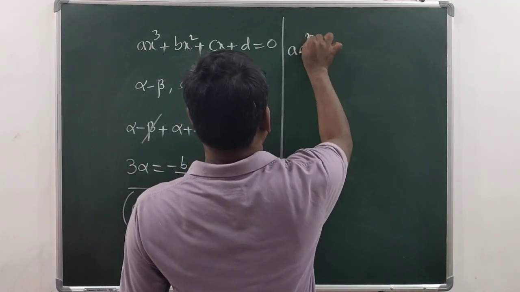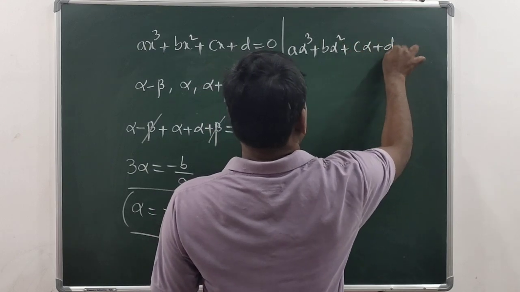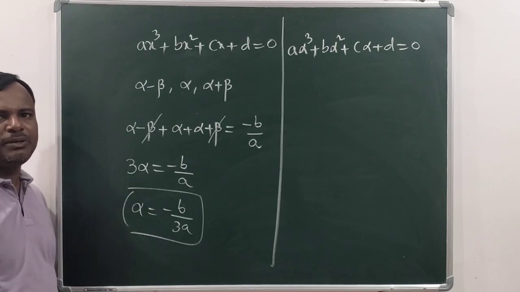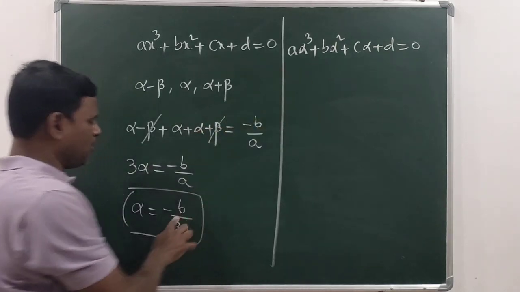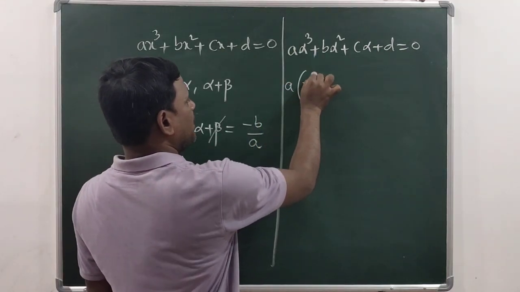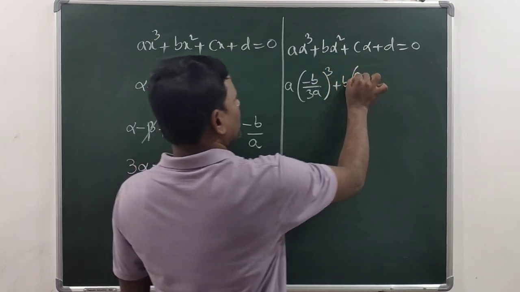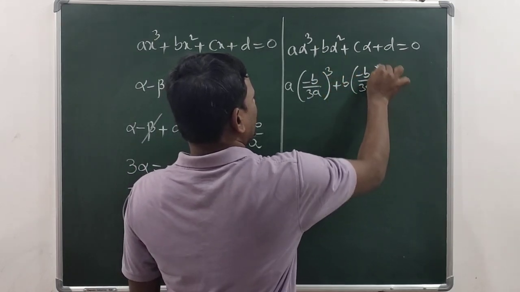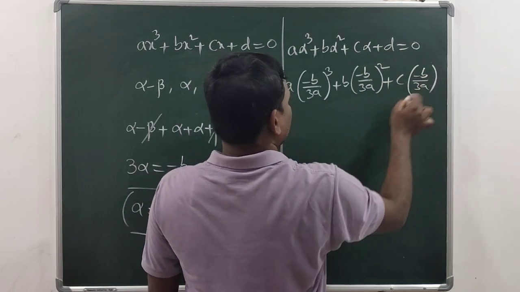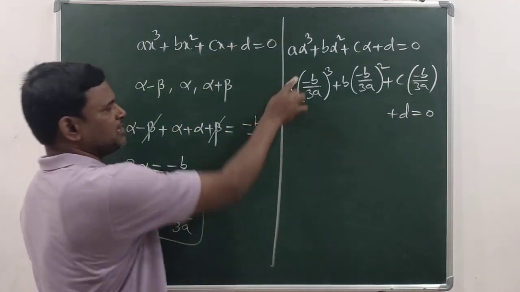So here a alpha cube plus b alpha square plus c alpha plus d is equivalent to 0. Now here you got alpha as minus b by 3a. Now replace this alpha by minus b by 3a. So here a into minus b by 3a whole cube plus b into minus b by 3a whole square plus c into minus b by 3a plus d which is equivalent to 0. Now simplify this.